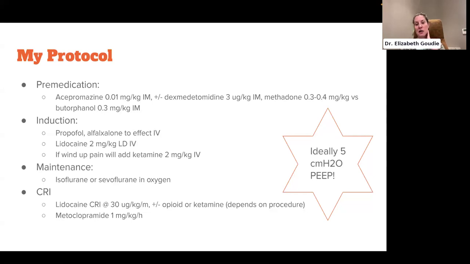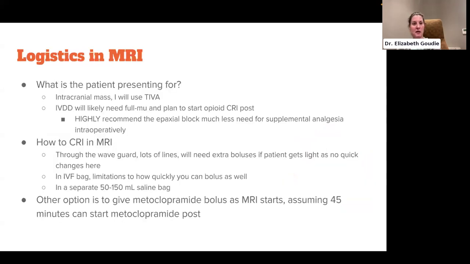And then often I'll do a CRI. When I talk about doing CRIs in MRI, there's a couple of different ideas, right? You can do things in different ways. You can do things through the waveguard, but there's a lot of lines, and you'll need extra boluses if the patient gets light, as there's no quick changes available.